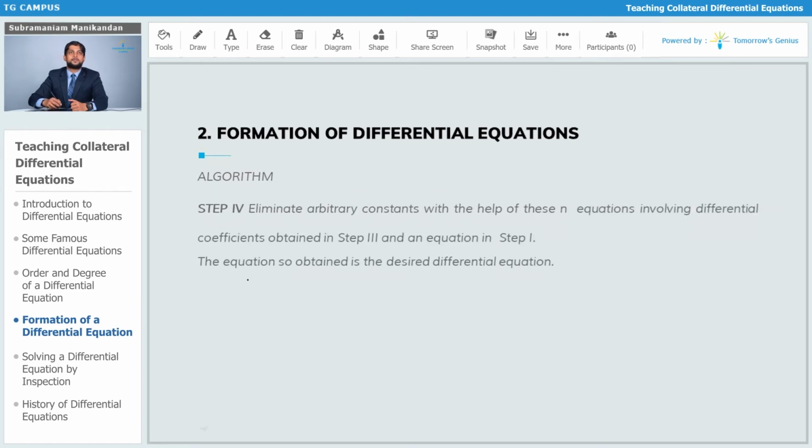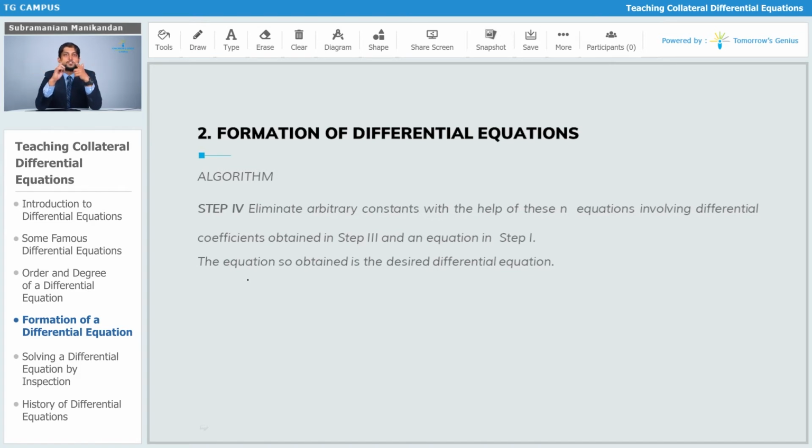What happens after that? We differentiate n times, and in the last step, eliminate the arbitrary constants with the help of these n equations involving differential coefficients and the equation obtained in step 1. After we eliminate all the arbitrary constants, the equation that is left will be the desired differential equation in its most general form.